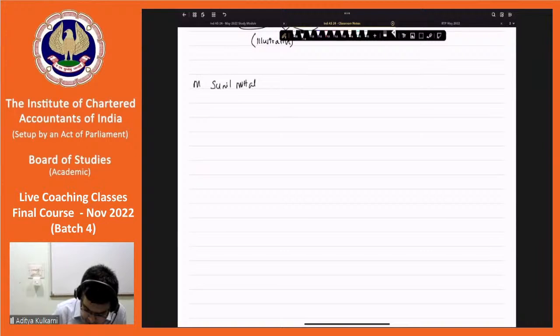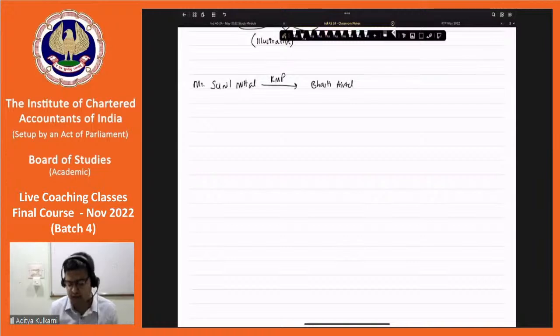Sunil Mittal. Okay. Sunil Mittal controls, for example, Bharti Airtel, or we can say that he is the key managerial personnel of Bharti Airtel. Now, Bharti Airtel has a subsidiary, Infratel, for example.